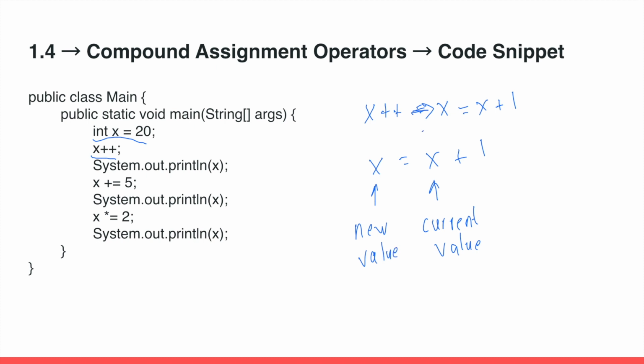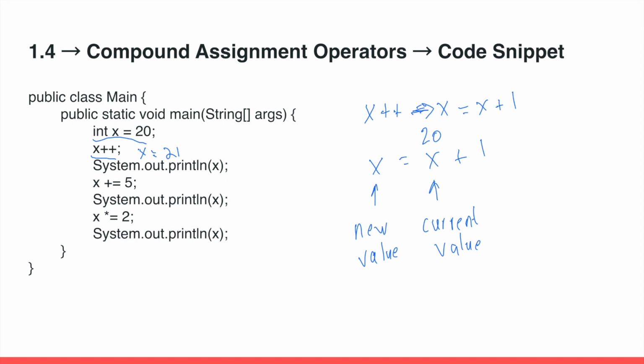So 20 is the current value. So x++ is going to result in x being equal to 21. When you do x++, we are taking the current value of x, adding 1 to it, and then making that the new value of x.